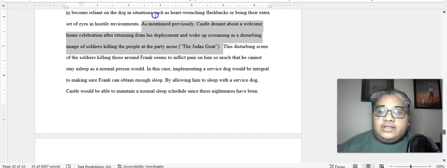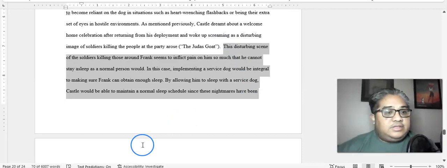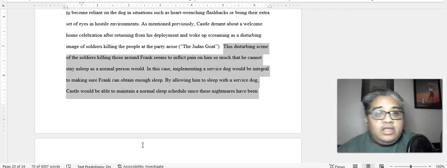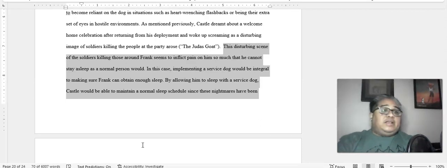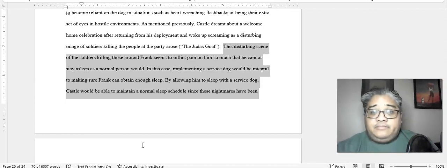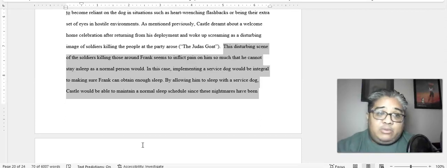And then in the sentences that follow, right here, this is the student writer explaining, here's how the scene would be different if Frank Castle had a service dog with him, and had a service dog that could sleep next to him while he's having flashbacks, which are a common symptom of PTSD. So you can look at that a little more closely on your own. Again, both samples are in the week 12 and week 13 module.